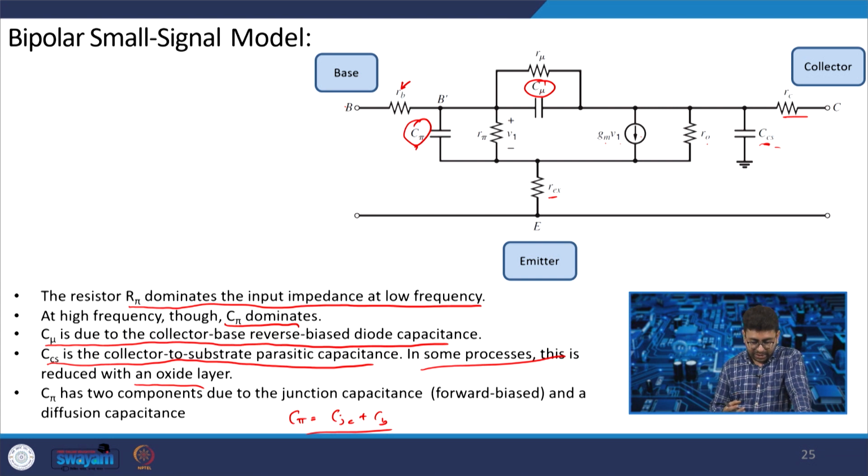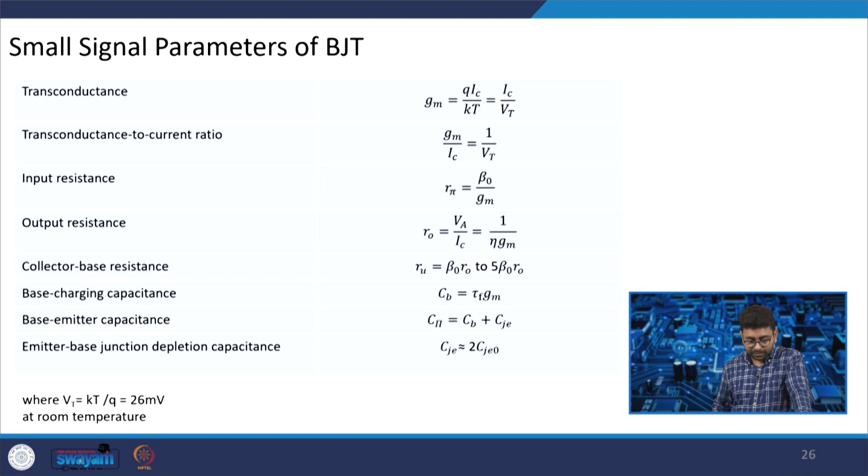Now, we will try to find out the FT. The small signal parameters of BJT are given by this, where gm is qIC by kT, which can also be written IC by VT. Your gm by IC transconductance ratio is given by 1 by VT.